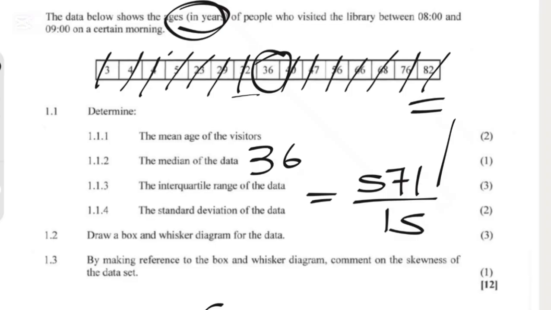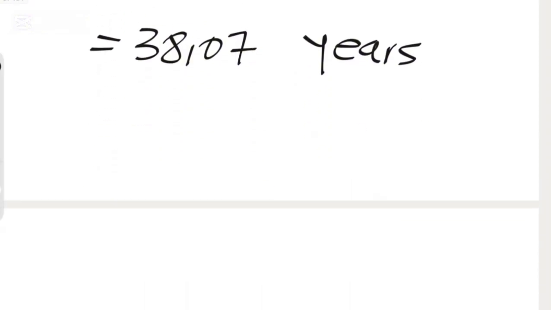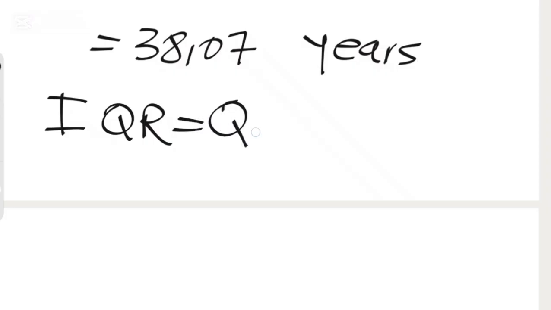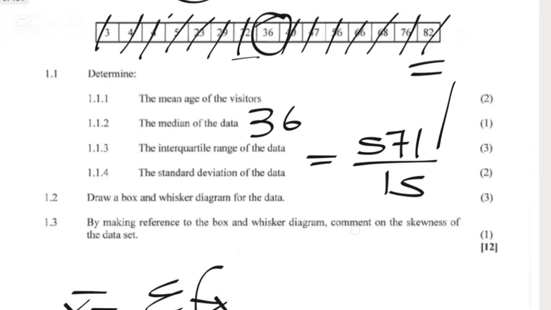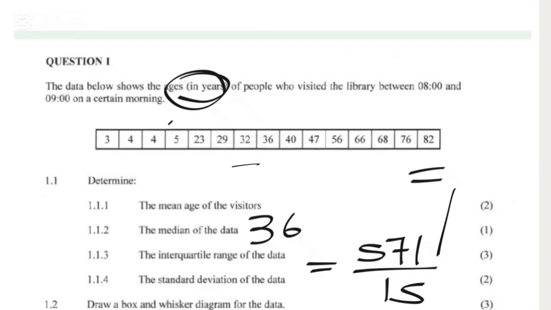So the interquartile range, which is denoted by IQR, is equals to Q3 minus Q1. We have to find Q3 from this data set. What is Q3?